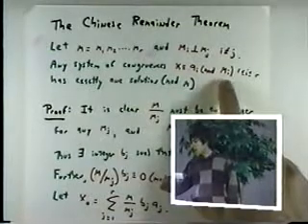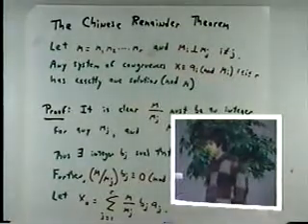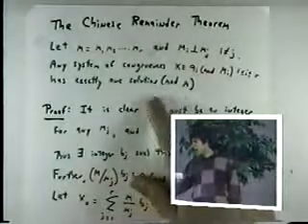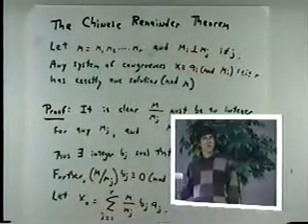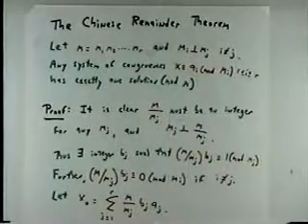Then I claim that this system of congruences has exactly one solution mod M, mod the product of all of those moduli. Any questions about what the theorem states?